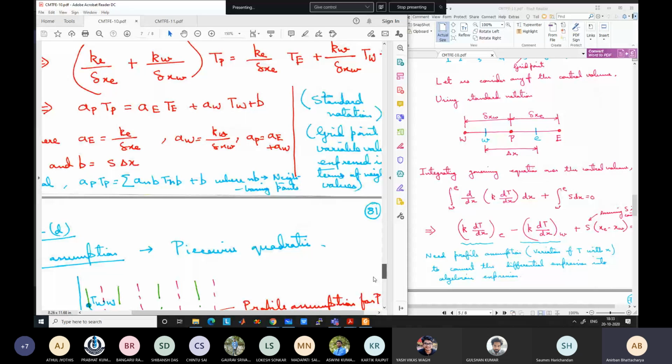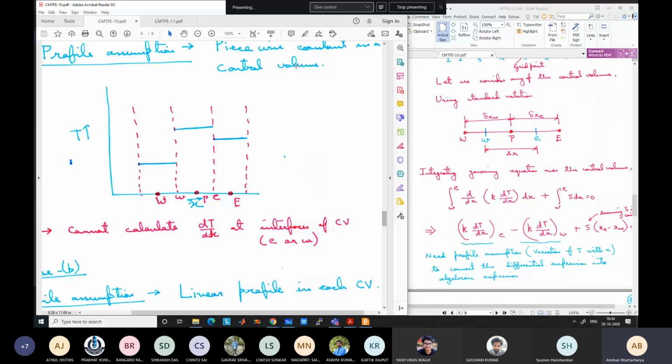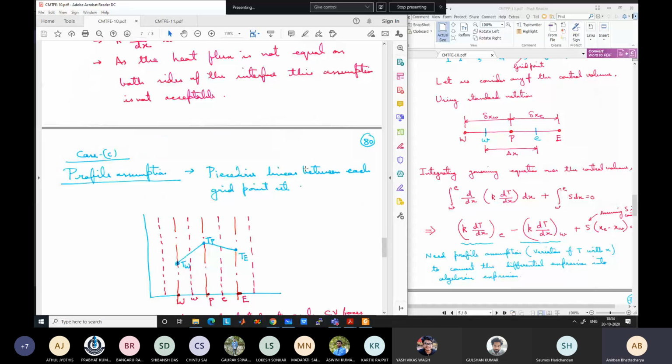So my point in discussing this was that once you can generate an equation of this form, APTP equal to AE TE plus AW TW plus B, all these delta X, delta XE, delta XW values will be known after you generate the mesh or grid. Conductivities can be calculated at the interface based on grid point conductivity, because grid point conductivity is initially given as a material property.